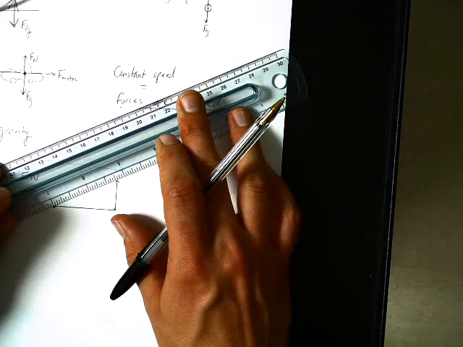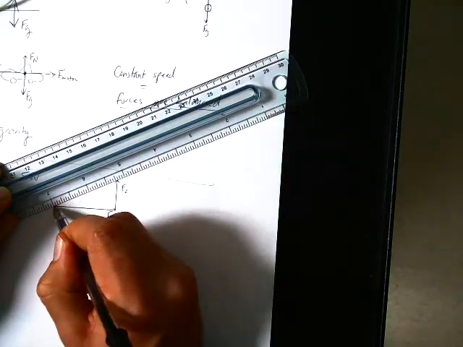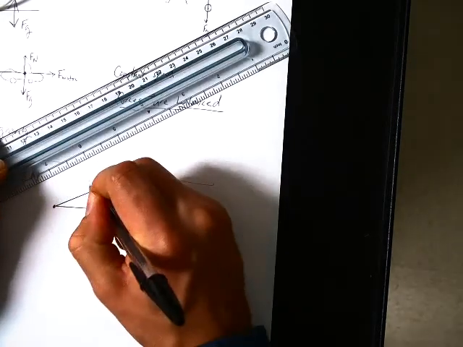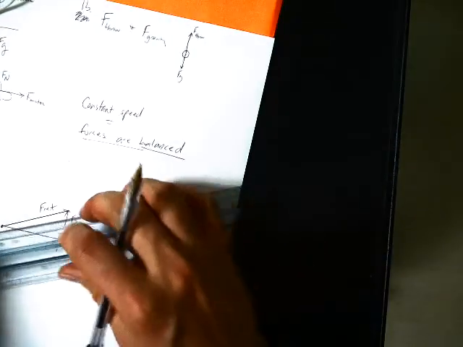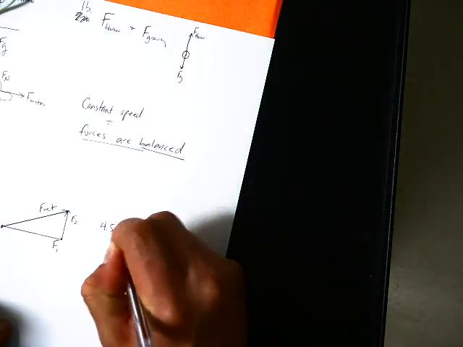And so our net vector, this was force 1, this is force 2, so our net force goes from the dot to the tip of the final vector. This is our net force. Remember, you can use our scale to find the strength of that force. So it is 4.5 centimeters long.